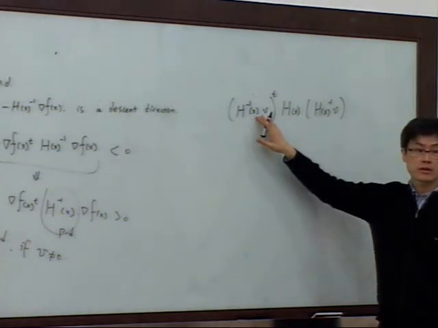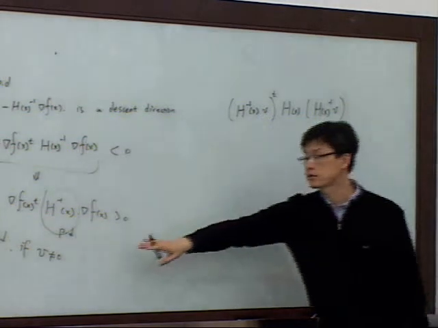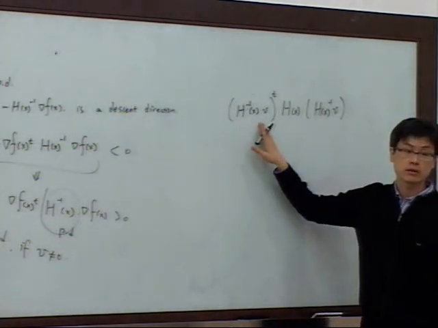Hessian inverse b is a vector. Since b is non-zero, this is a non-zero vector.